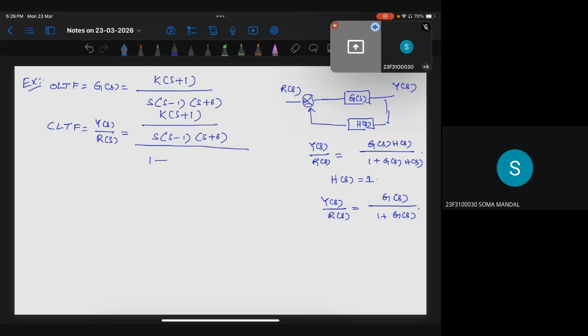Divided by 1 plus the same expression. Am I correct? So K into (s plus 1) by s into (s minus 1)(s plus 6).